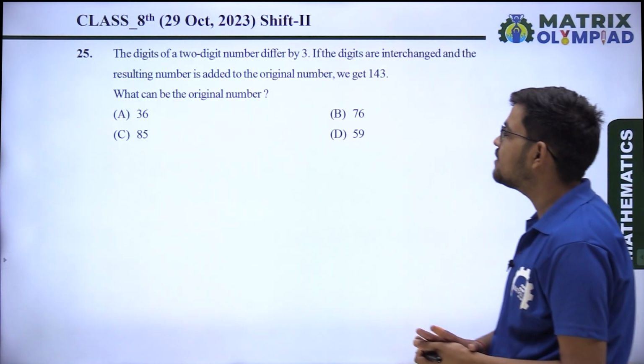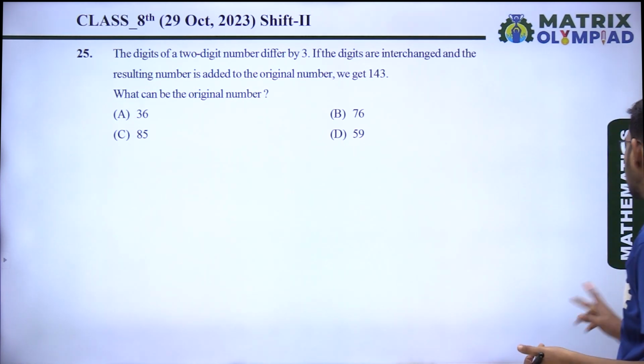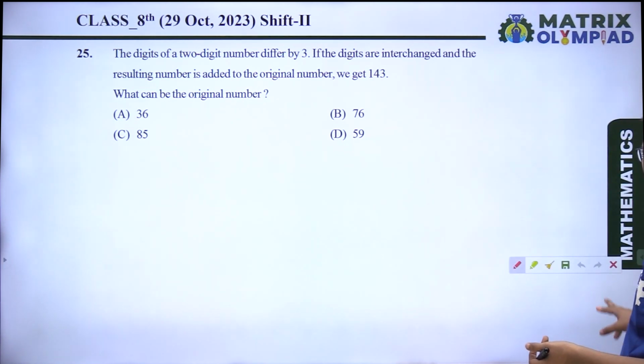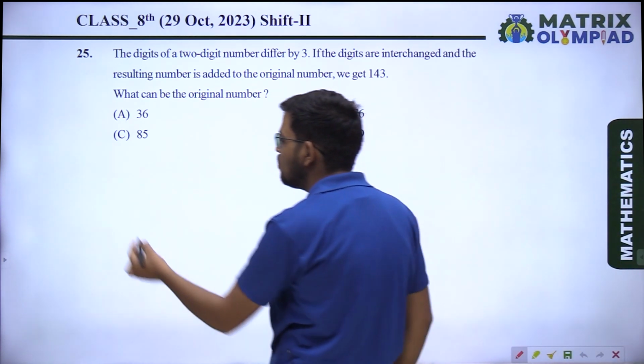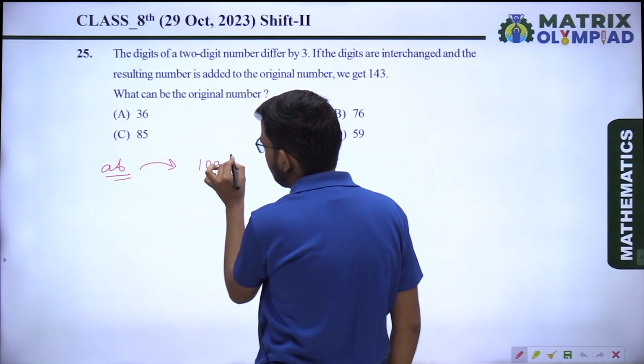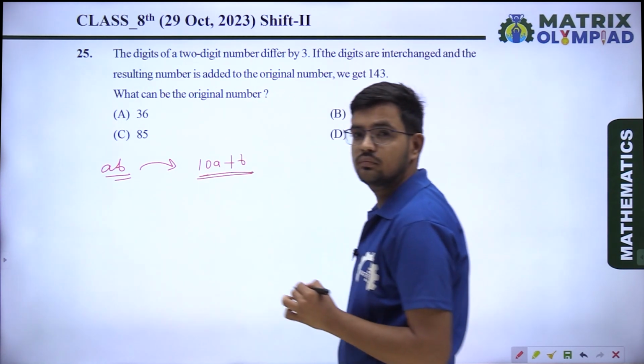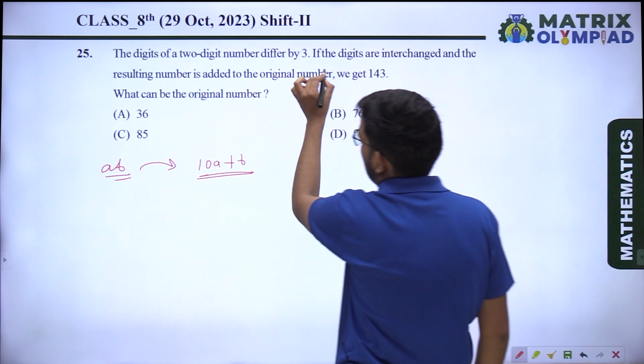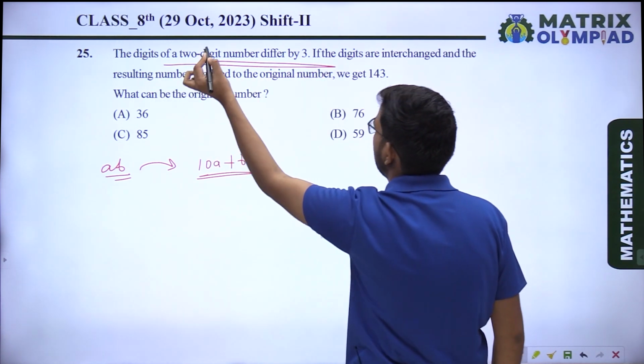Next question, the digits of a 2-digit number differ by 3. Any 2-digit number AB can be written as 10A plus B. It is saying the digits of the 2-digit number differ by 3.